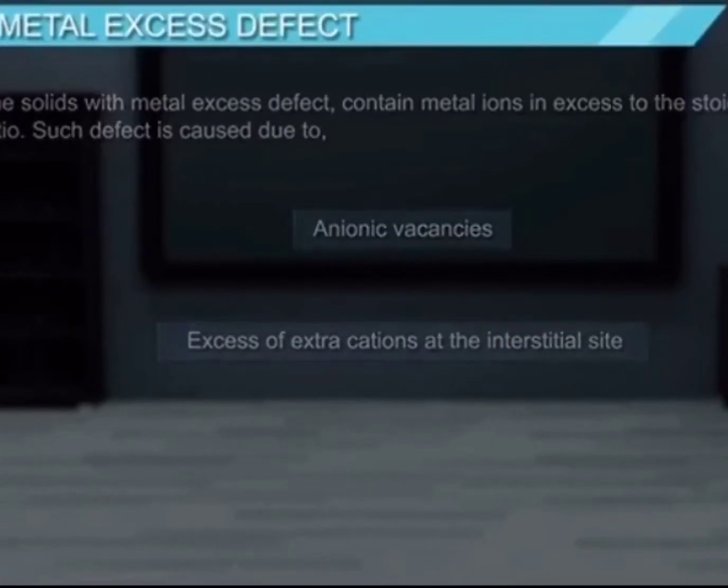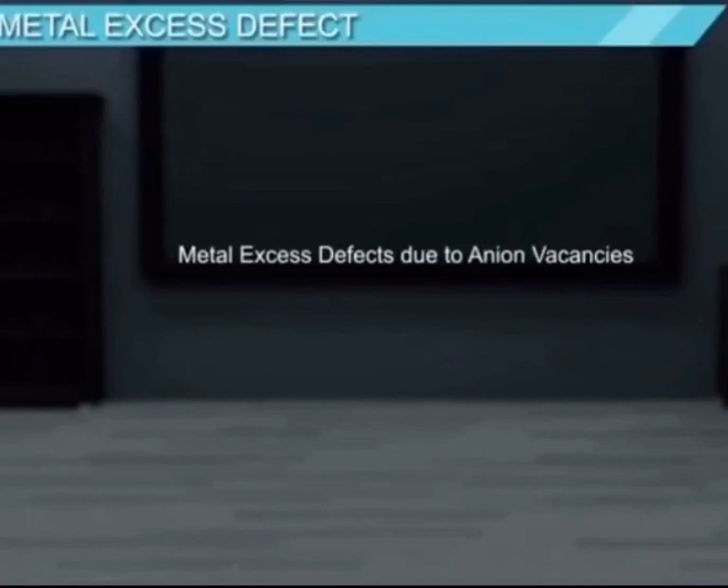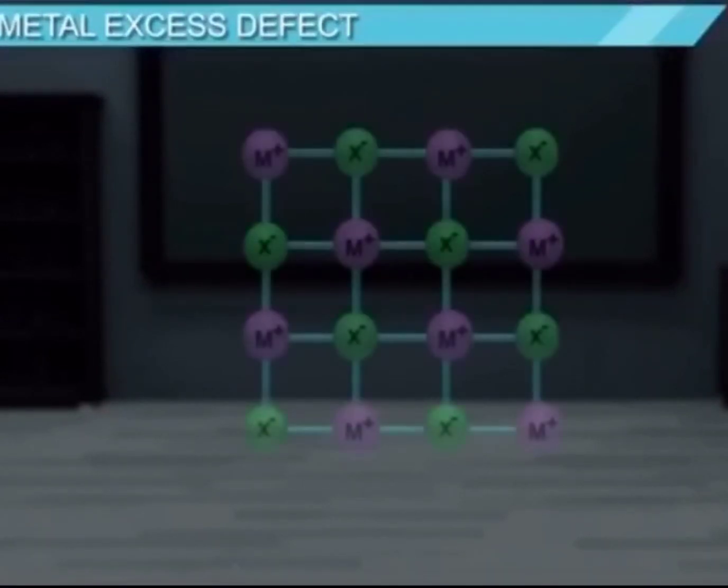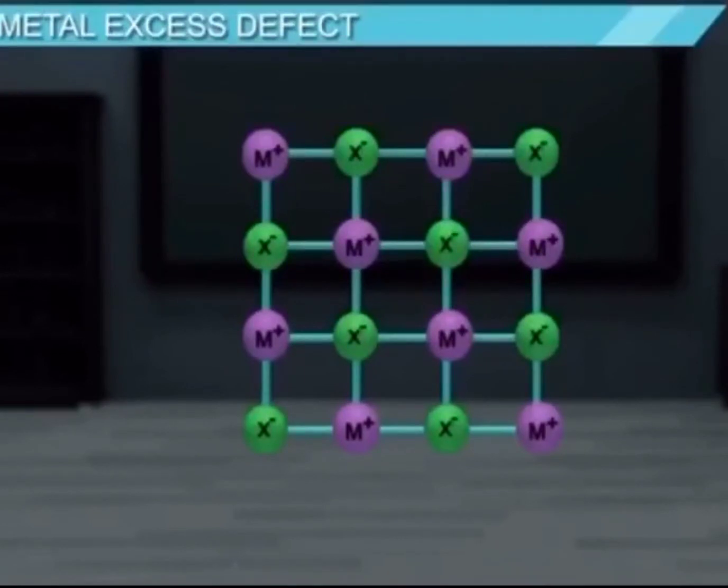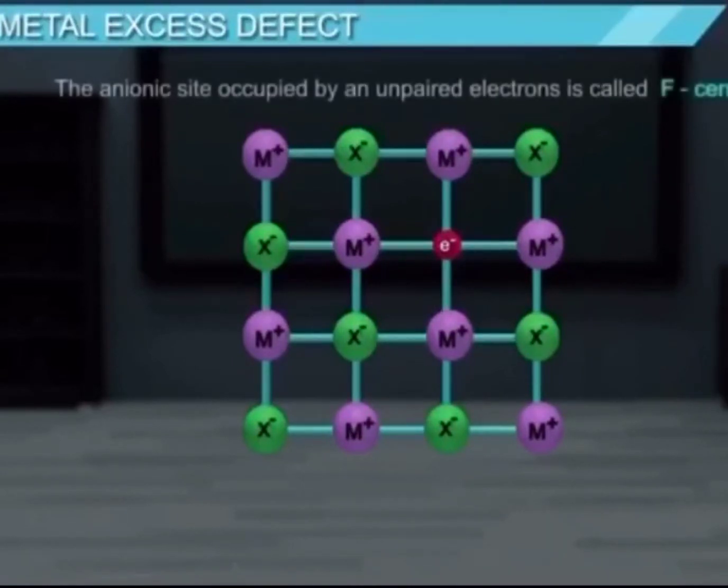Metal excess defect due to anionic vacancies. Sometimes due to anionic vacancies, a local excess of positive charge is created at that lattice site. An electron can migrate to that site and get trapped in that anionic vacancy. Such a defect is called F-center.